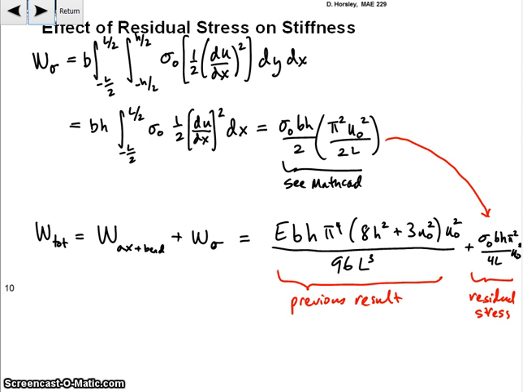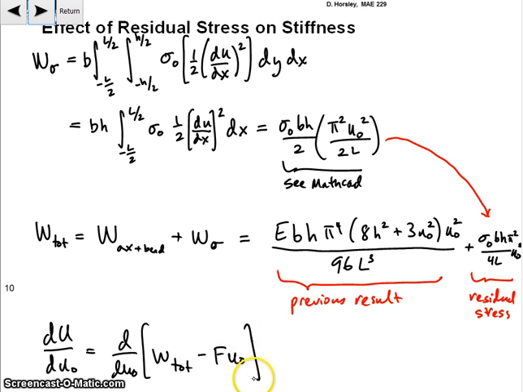Now we have the same sort of energy function, so we're going to calculate d du naught of W total minus F times U naught.